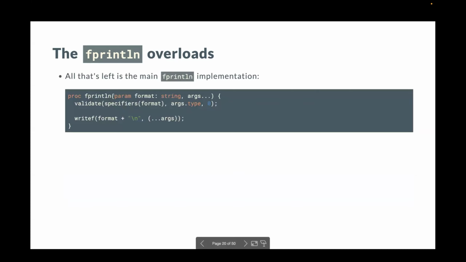And finally, the good case in which the user provided the correct number of format specifiers that matches the number of arguments, we call our recursive validate function starting at 0. And if that function doesn't emit a compiler error, it basically is an empty function. So it gets elided, and we write the string using the runtime writef functionality, which is now guaranteed to work.